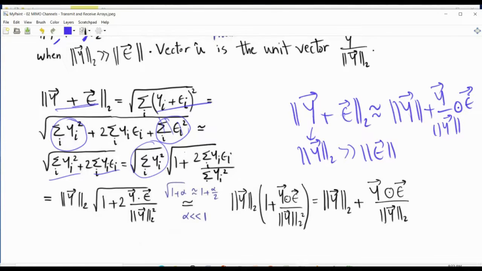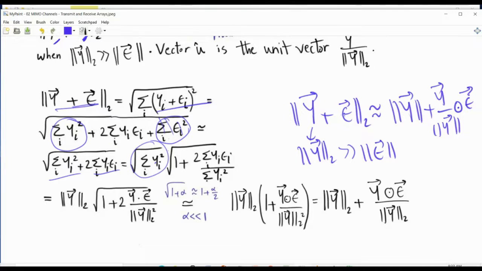Pick up the L2 norm of y as a common factor, and what you are left with is the square root of 1 plus 2 times the sum of y_i epsilon_i divided by the sum of y_i squared. Then the square root of 1 plus something very small can be approximated.